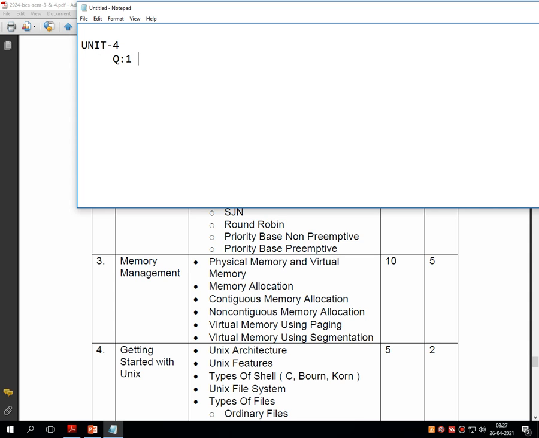Write a short note on Unix architecture. Question number 2. Explain Unix features in detail.